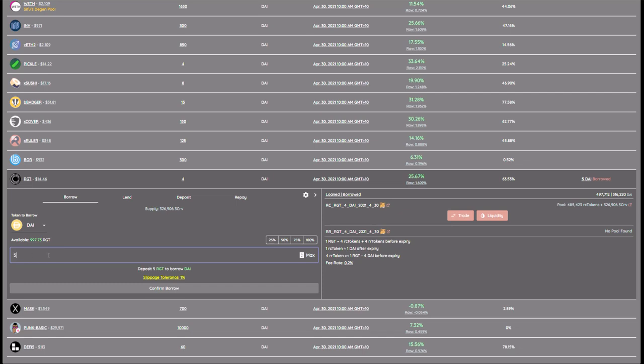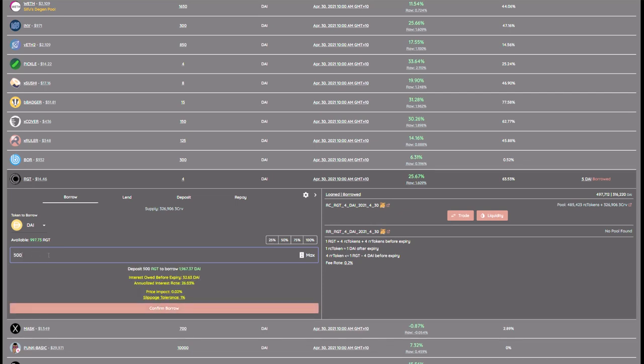I'm going to put in 500, and that gives me a quote. At a 1-to-1 ratio, $4 per RGT, I should expect 2,000 RR tokens and RC tokens for 500 RGT tokens at $4 each.